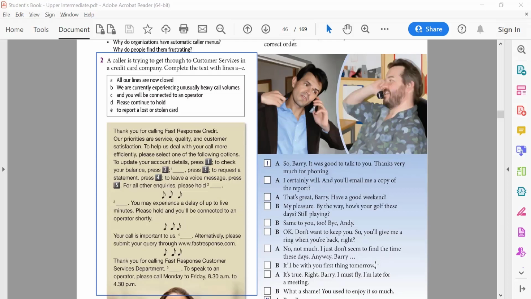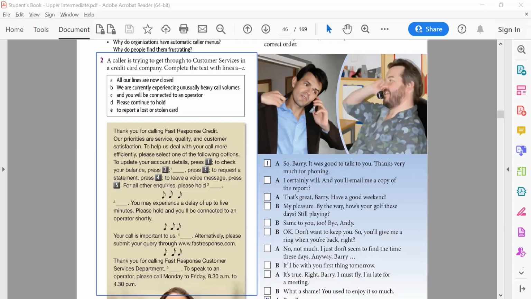We are currently experiencing unusually heavy call volumes. You may experience a delay of up to 5 minutes. Please hold and you'll be connected to an operator shortly. Your call is important to us. Please continue to hold.